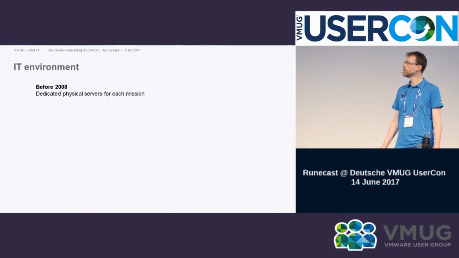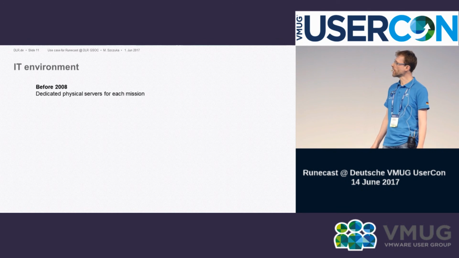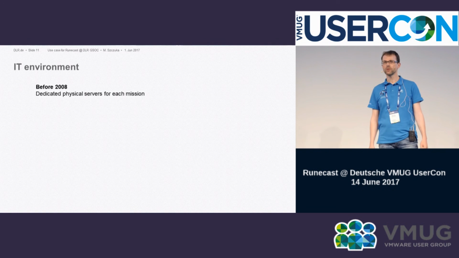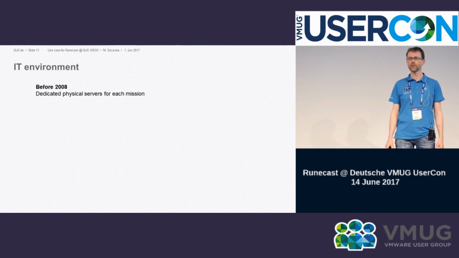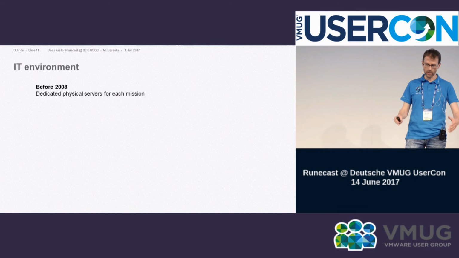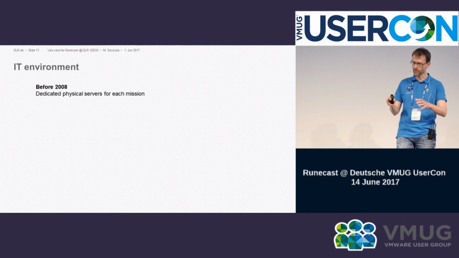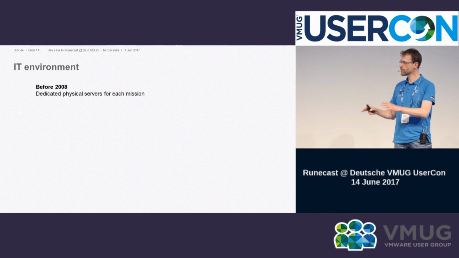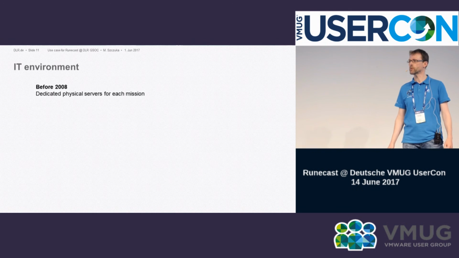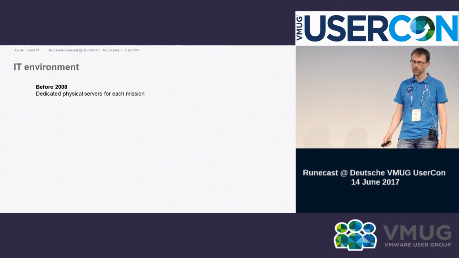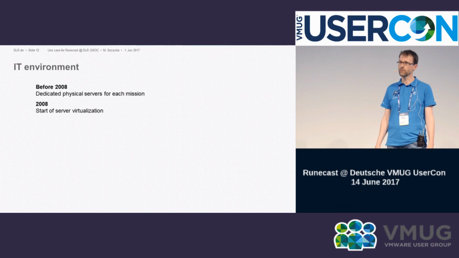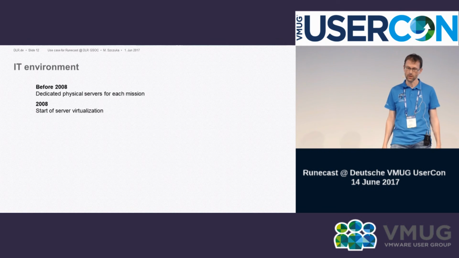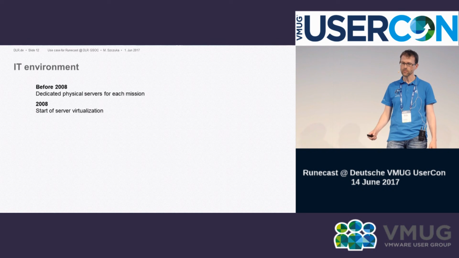Now, our environment and how this all came to pass. Before 2008, all the satellite missions out there were using dedicated physical servers. Each satellite mission had its own set of dedicated physical servers just for that specific project and for that specific mission. Now, with the advent of virtualization, we started around 2008 with vSphere 3.5 or ESXi 3.5 then.